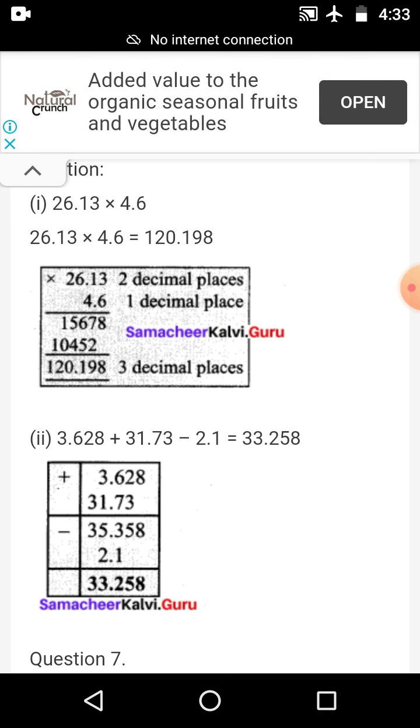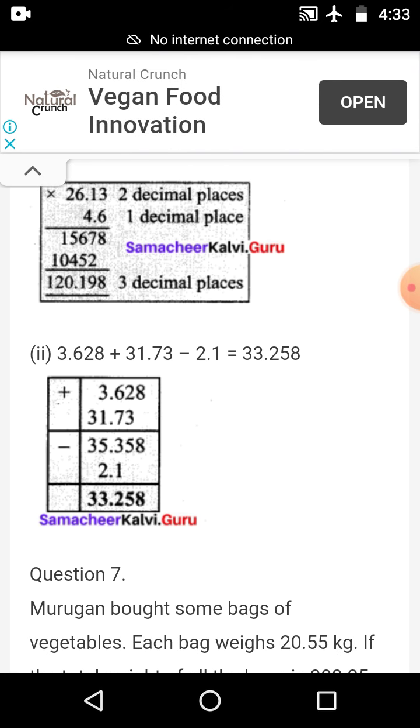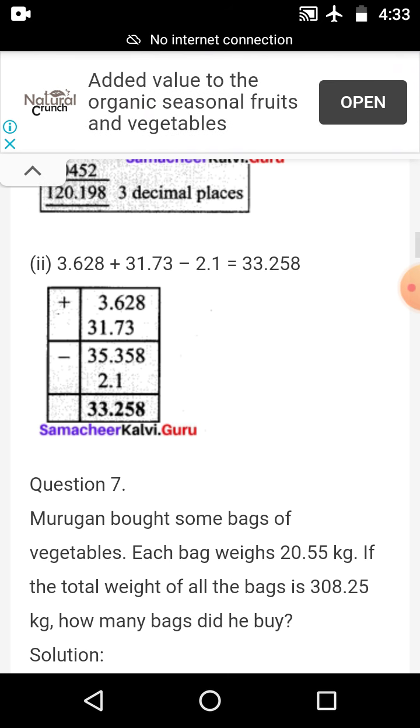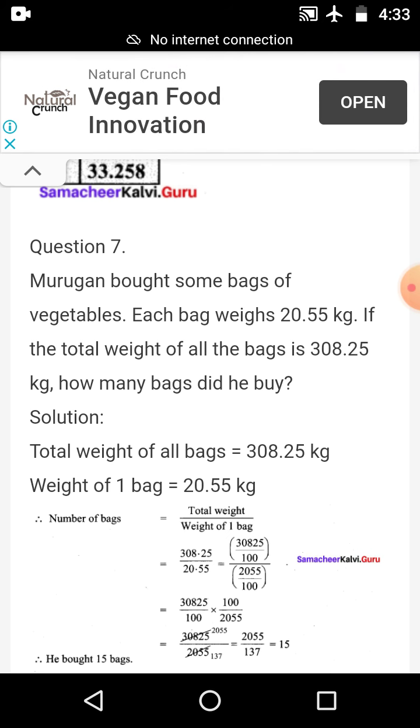See the second subdivision: 3.628 plus 31.73. First of all you add the numbers, and then you subtract. You get the final answer 33.258.